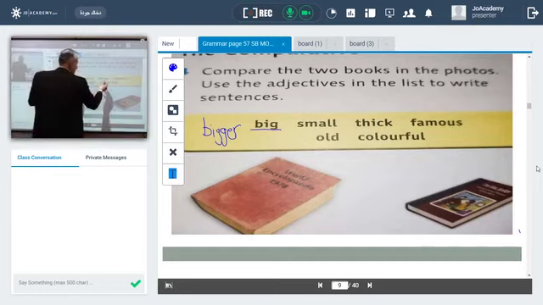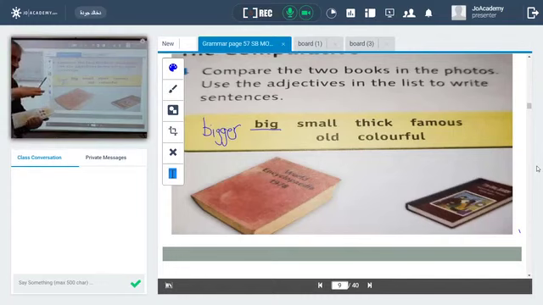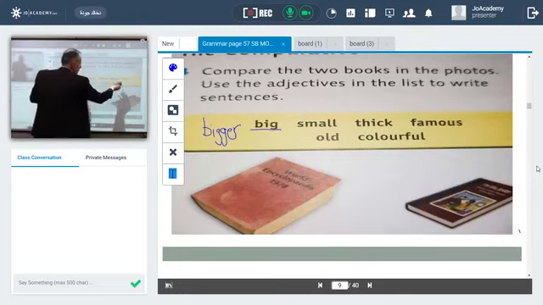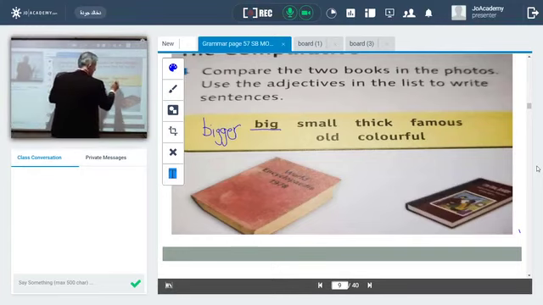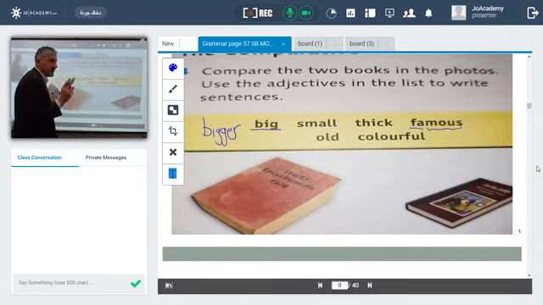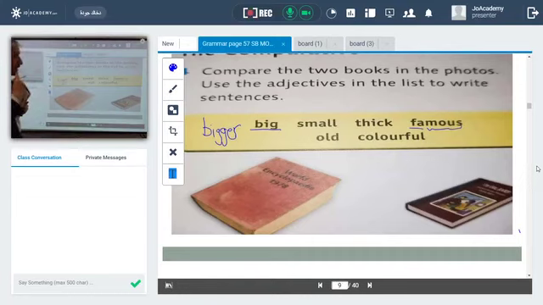Then we have the adjective thick. Thick means heavy, dense. So here I will say the encyclopedia is thicker than the story. Okay? And if I want to write, I will say the encyclopedia is more famous, because famous is two syllables.